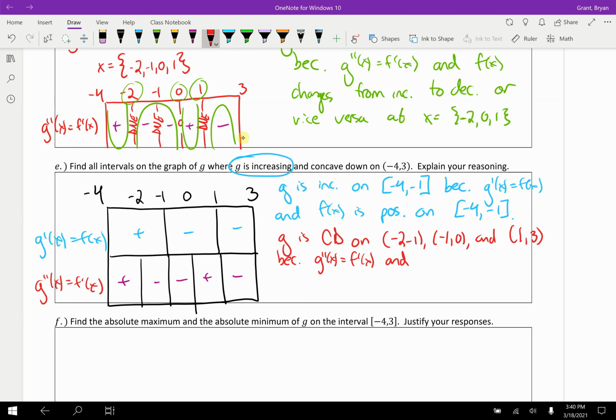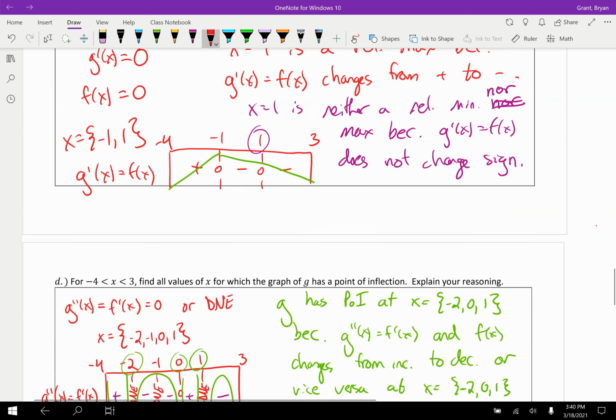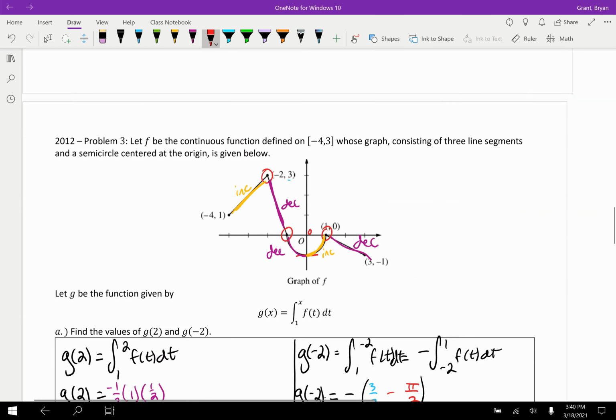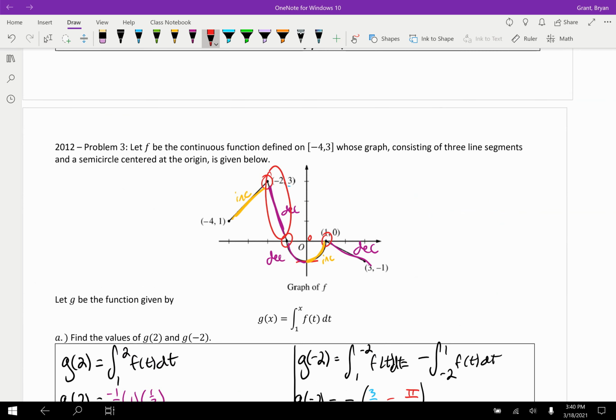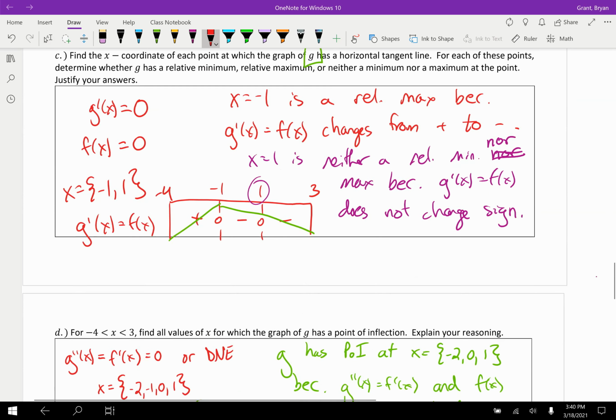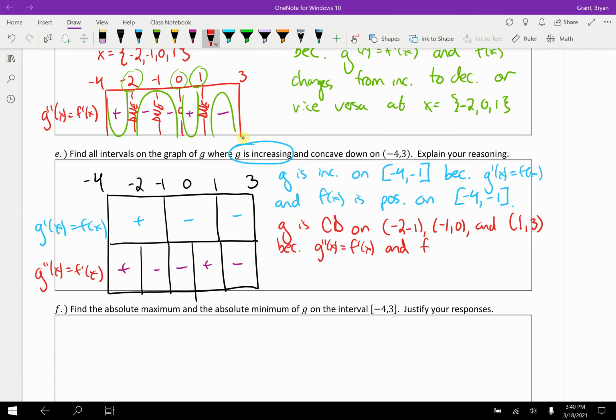You could say F prime of X is negative there, but we don't have the graph of F prime. So instead, how did we know that F prime is negative on these two intervals? It's because F is decreasing, right? On those intervals.